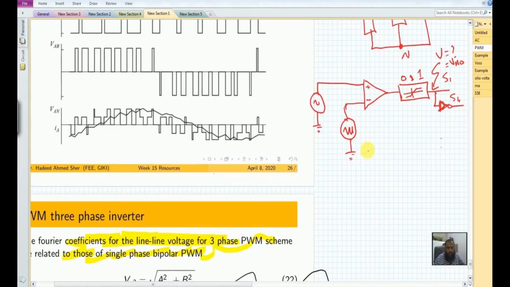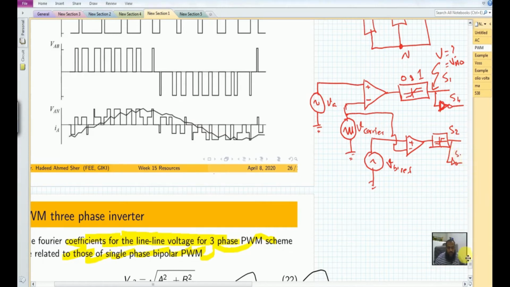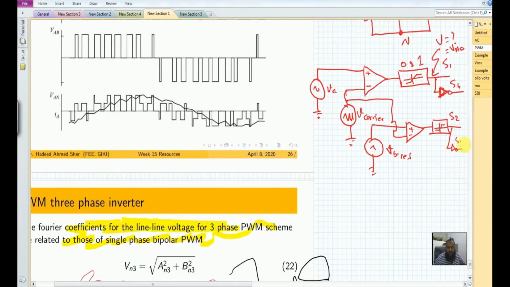So this is V of A reference, this is VB of reference, and because this triangular waveform or V carrier is the same for all the three switches, again we can use a limiter block here, and this gives me S2, and a NOT operation is performed for this S2, and above we have S5.